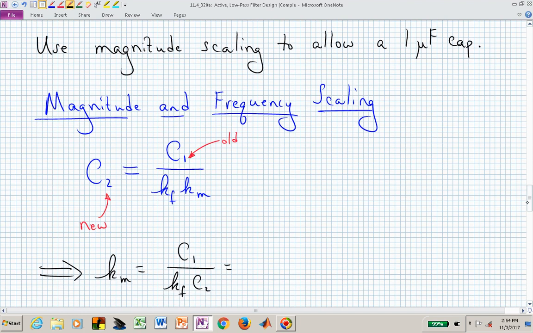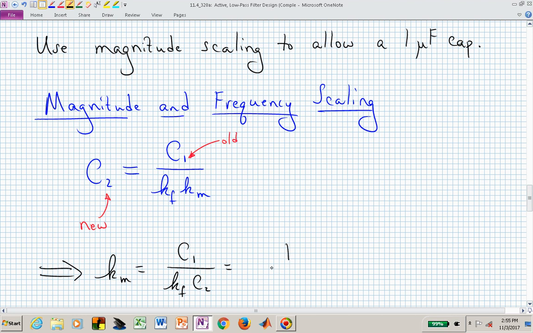So K sub M, solving that equation for K sub M, is the initial capacitor, or the old capacitor, divided by the frequency scaling, which we just determined to be roughly 628, divided by, or C1 still divided by C sub 2, and C sub 2 is this 1 microfarad.